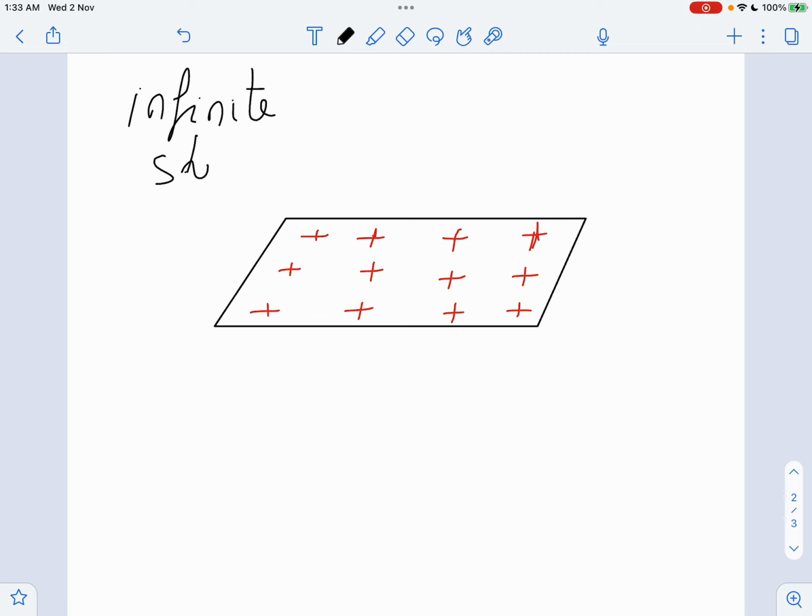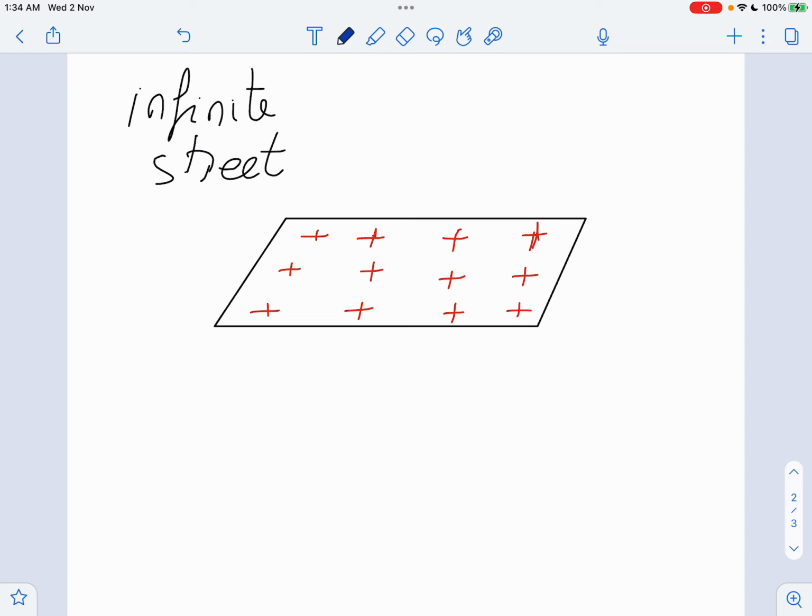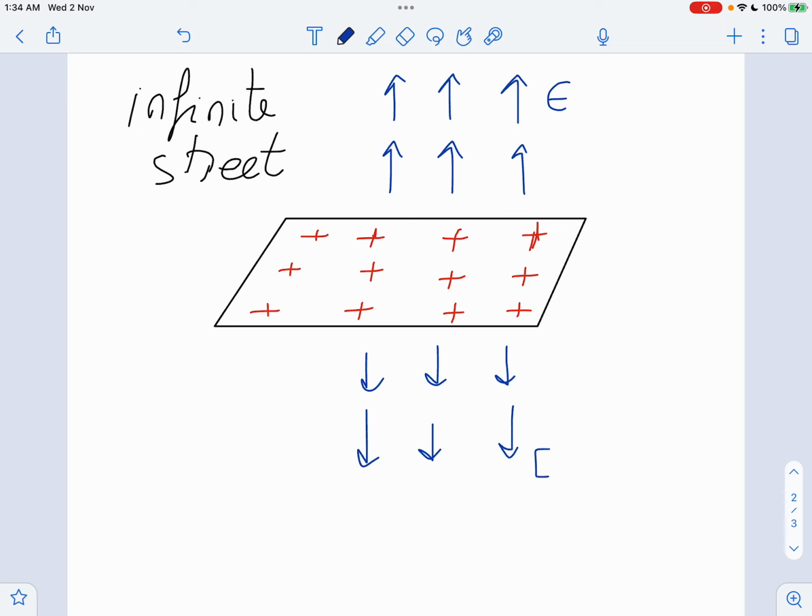So again, by symmetry, the electric field is going to be pointing outwards and has the same value everywhere, because we are considering this sheet to be infinite.